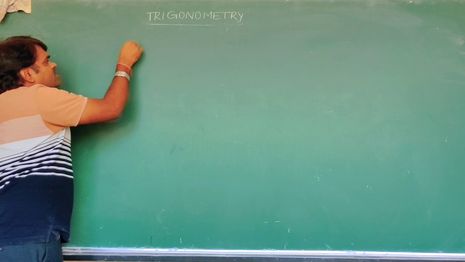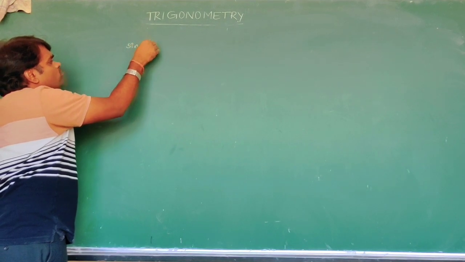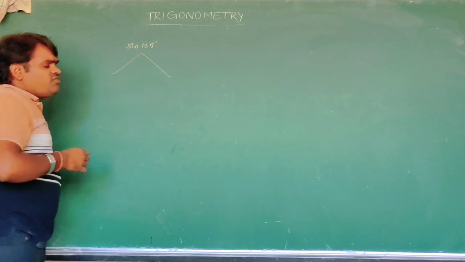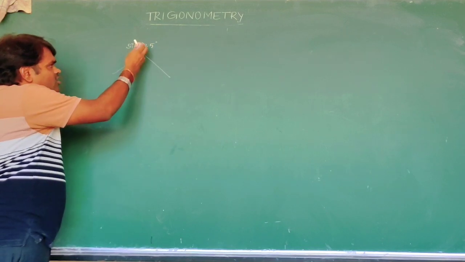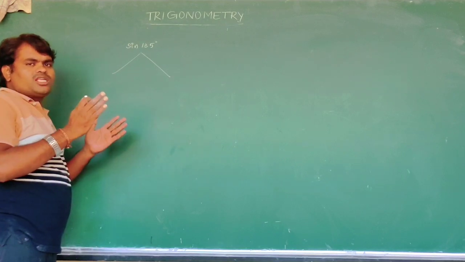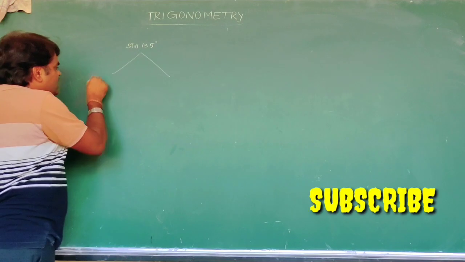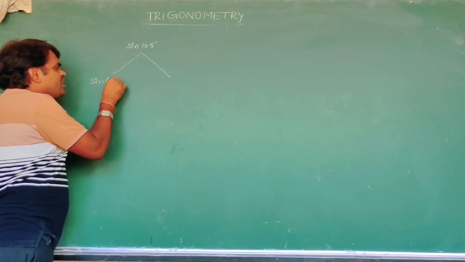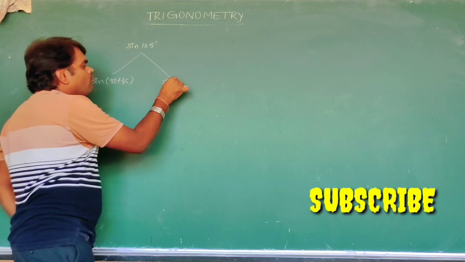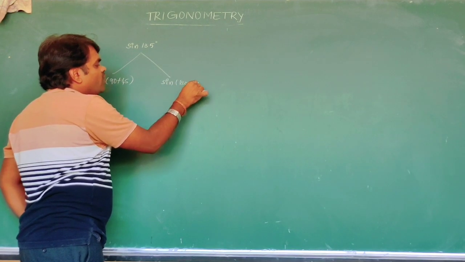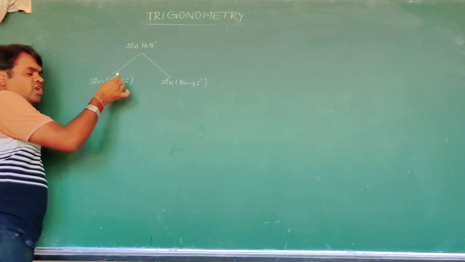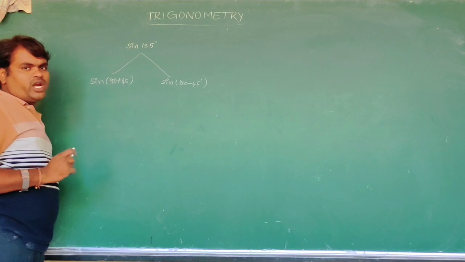For example, sine 135. What does 135 mean? The angle is more than 90 degrees, so it can be split: sine of 90 plus 45, or sine of 180 minus 45. See, 90 plus 45 belongs to the second quadrant.